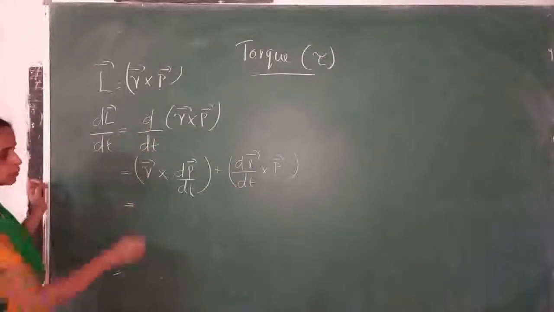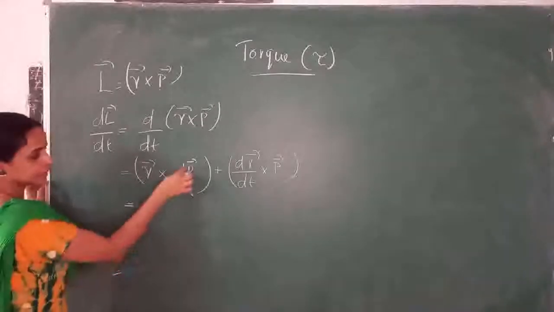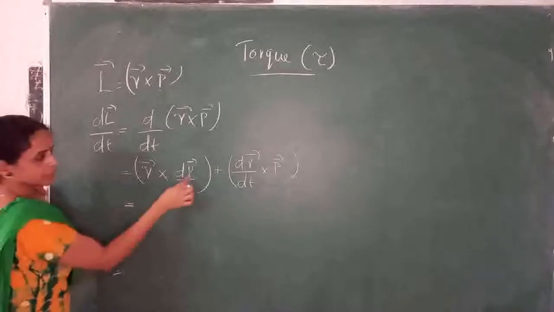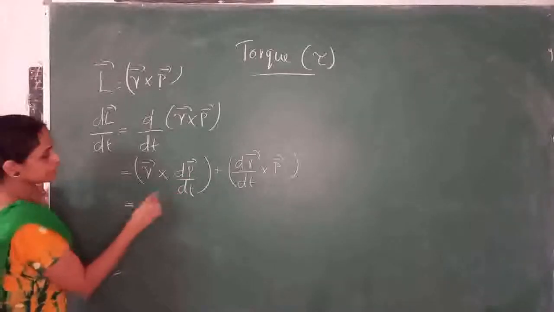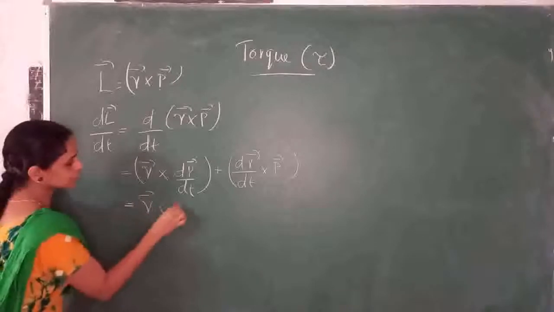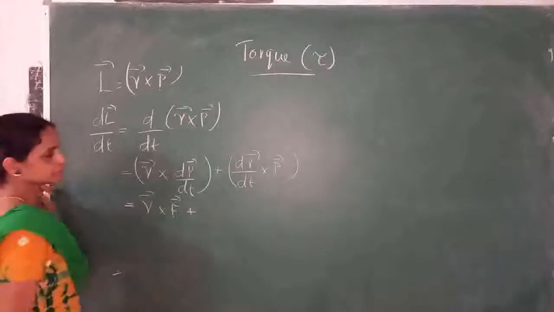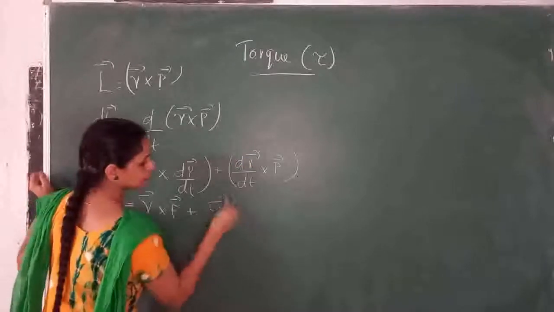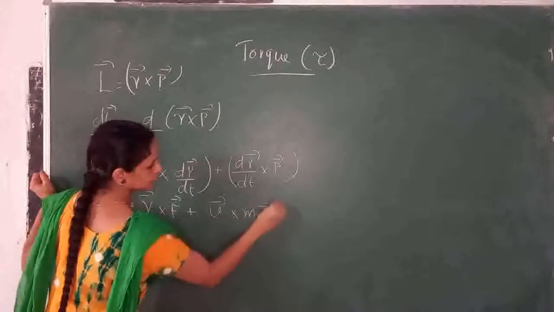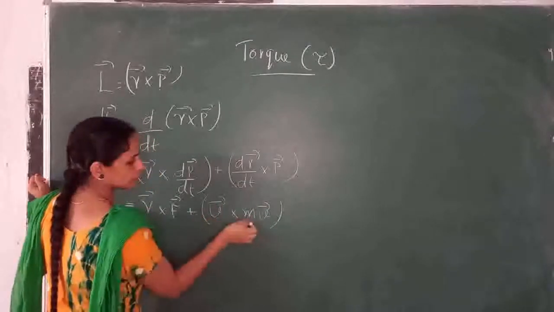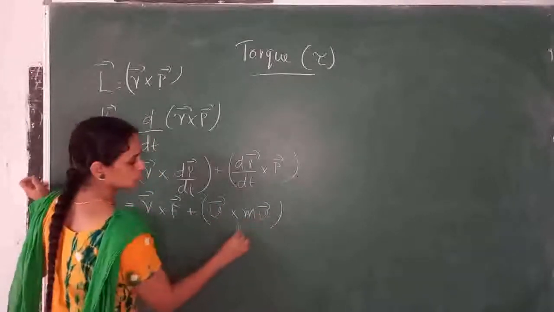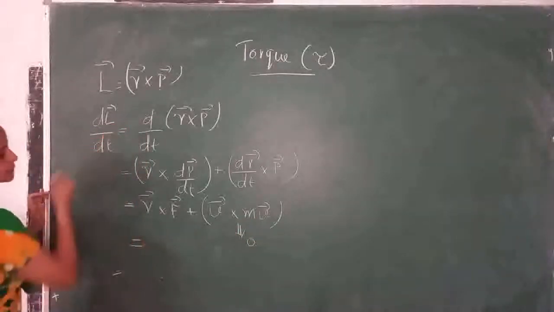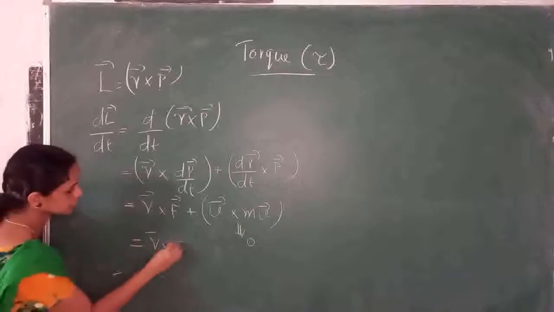What is dp by dt? dp by dt is nothing but the force, the rate of change of linear momentum, so that is R cross F, plus dr by dt, which is velocity, cross p, which is mv. You can see that v cross m into v, v cross v goes to 0. So the only quantity here is R cross F.